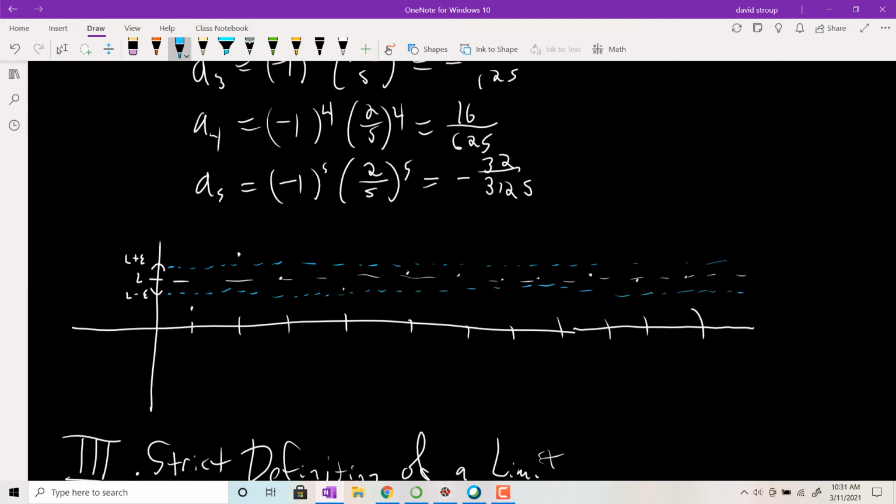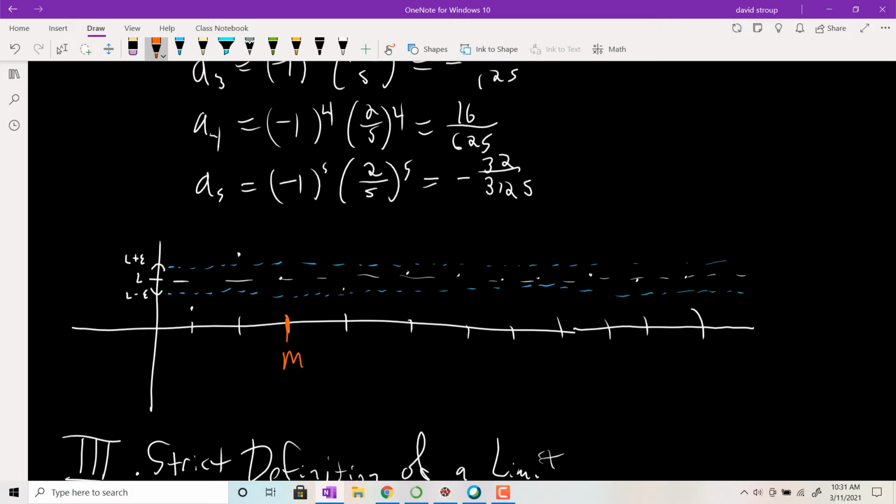So the M value here for this particular epsilon is pretty small, but there exists an M value for any epsilon that you can imagine. So clearly, once we get past this M value here, all of the a sub n terms of the sequence will be within those two blue dashed lines. And visually we can just see the truth of that.